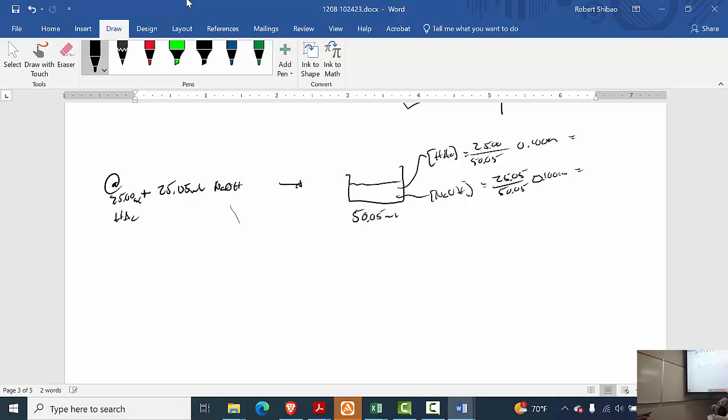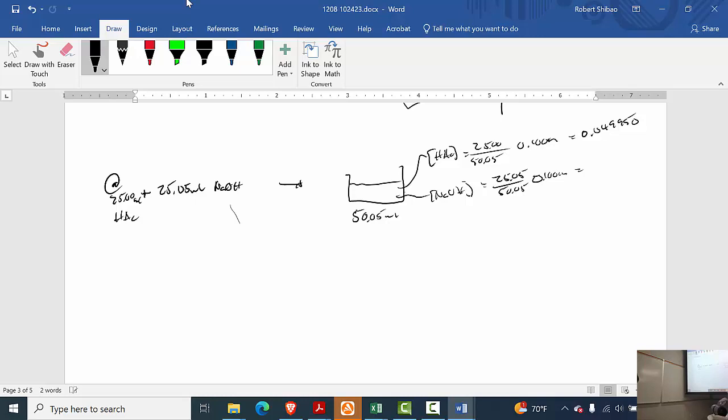So let's go ahead and calculate those numbers. 25 divided by 50.05 times 0.1 is 0.04995. I'll just go one more digit. I'm not allowed this many sig figs. I'm allowed 3 sig figs here.